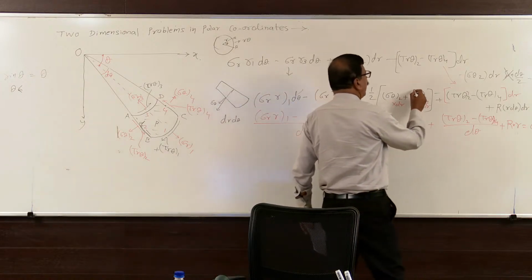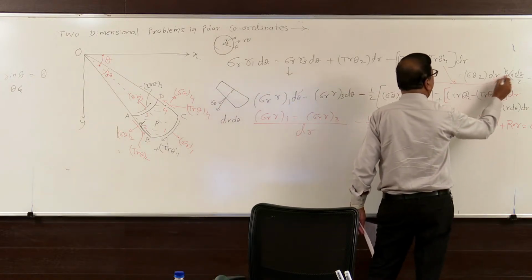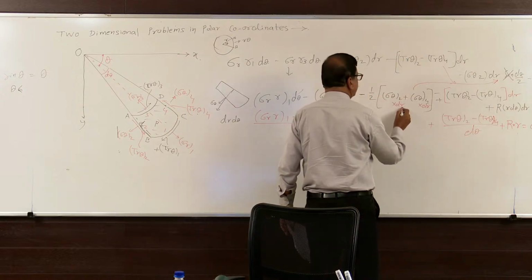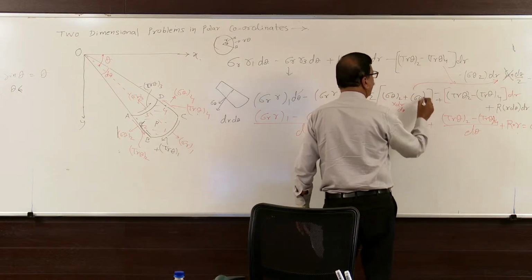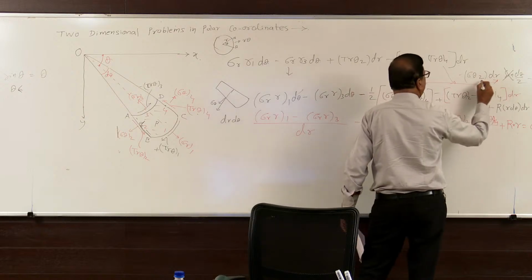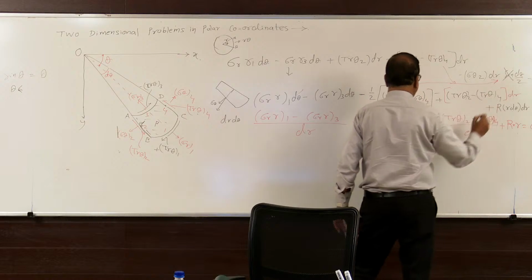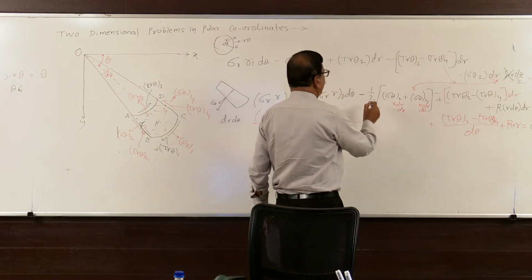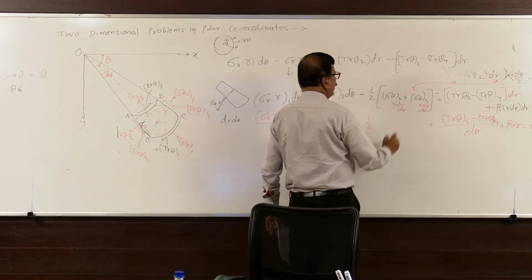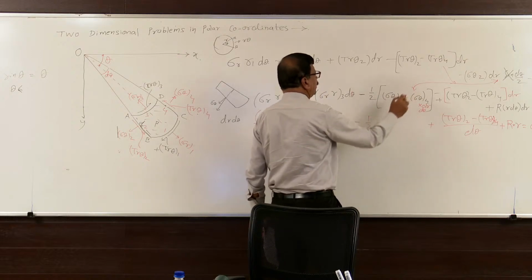Here both dr d theta were there, right? This is the d theta 2 minus this, dr and d theta both were there, so both cancel, so only 1 upon 2 d theta 2 plus d theta 4.